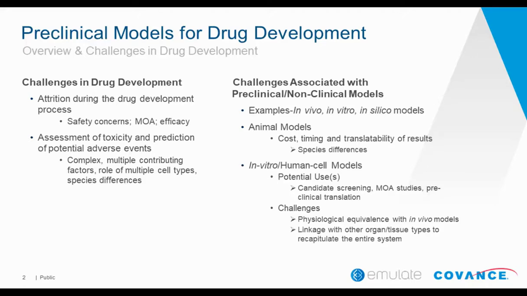One, as we've talked about, is the translatability of data from animals into humans due to species differences. Another is overall cost. So there's great interest in in vitro models, human cell-based models, to try to address that. There is a variety of potential uses, again, in candidate molecule screening, which has been used for a long time, to do mechanism of action studies, and then also to look at that translation from preclinical into clinical.